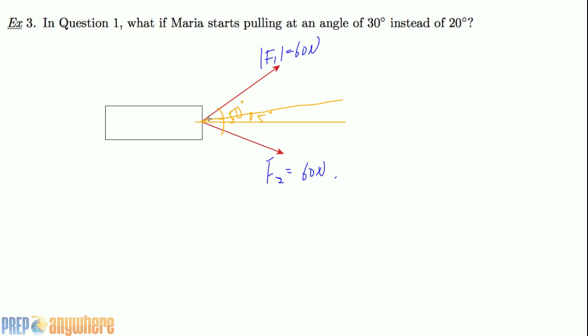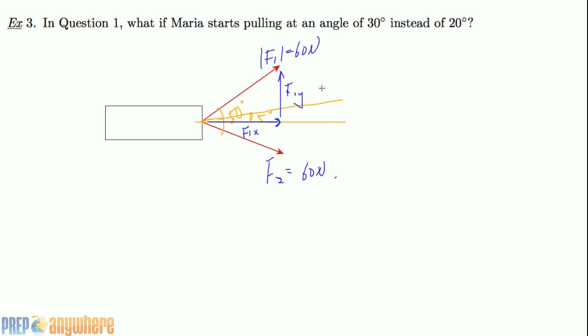So you guys are doing this, right? The horizontal, vertical for F1, F1x, F1y. Find those first. So the resultant vector, right? Let me just draw a picture first.